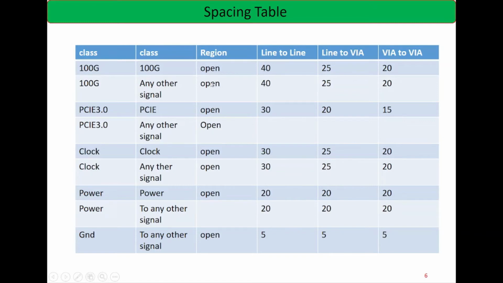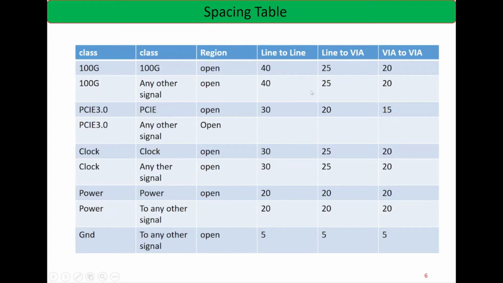I have given the region here as open, so there may be another region like inside the IC or below the chip. Below the chip it's not possible to have this much spacing, so below the chip we give sometimes 5 mm, 40 mil. All these values are in mils, 40 mil, 25 mil, 20 mil.